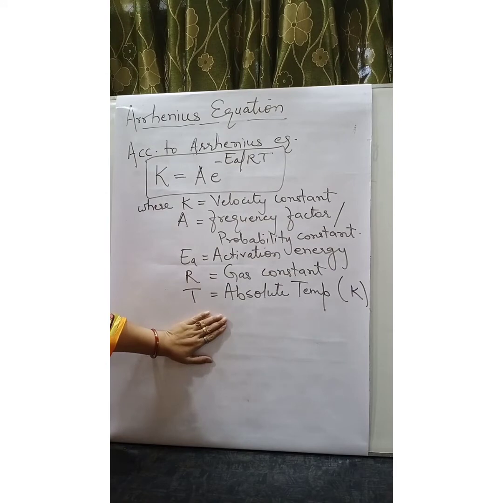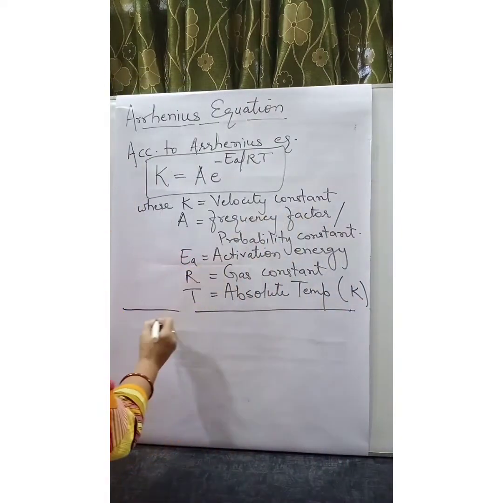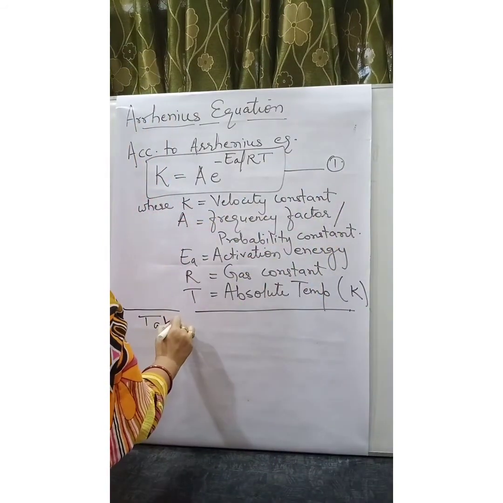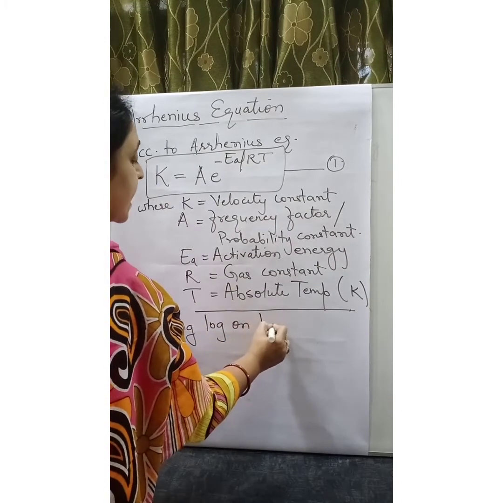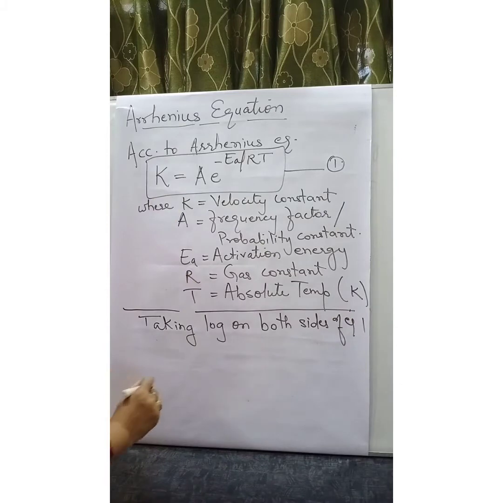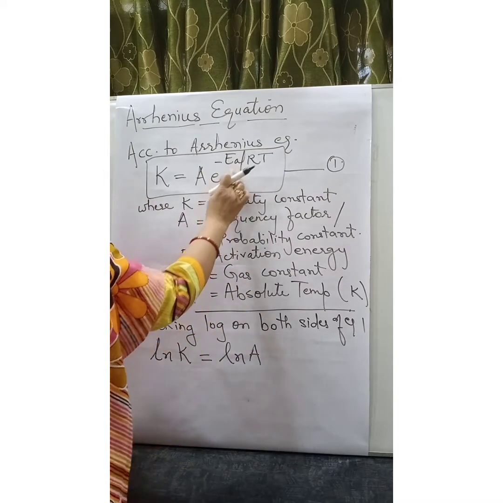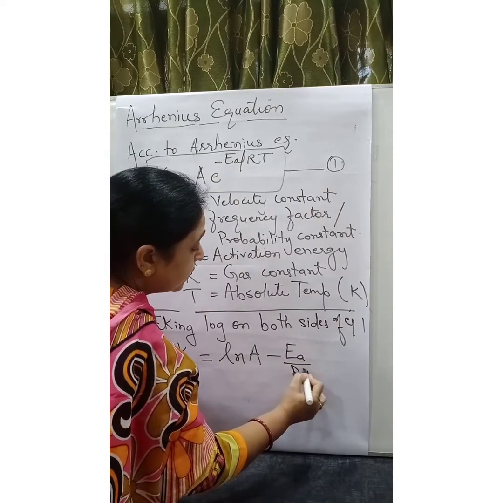Now, let us derive the simplified form of the Arrhenius equation. Let this be equation number 1. Taking log on both sides of equation 1, we can write ln k is equal to ln A minus Ea upon RT.